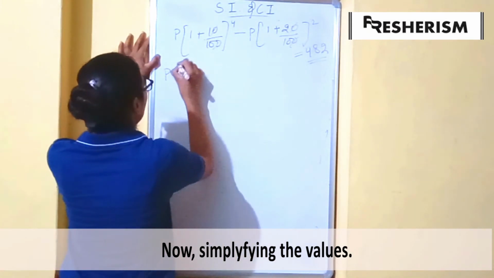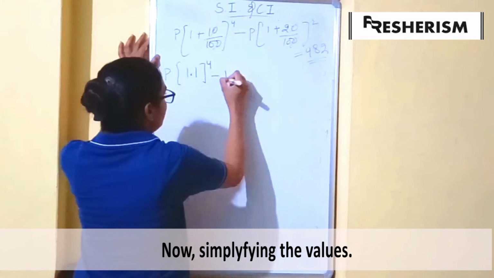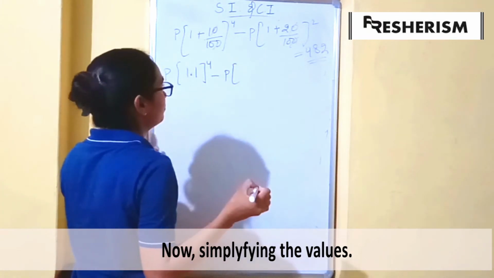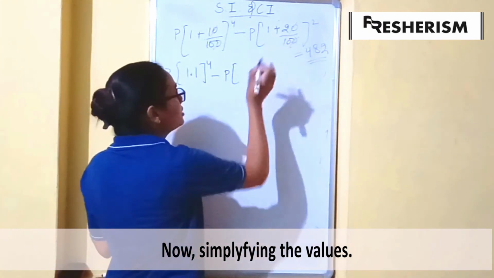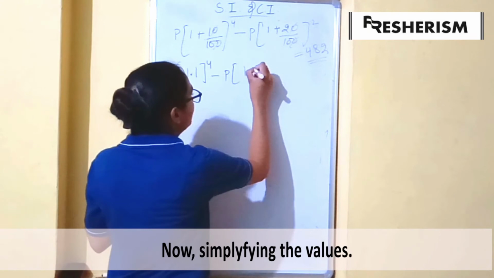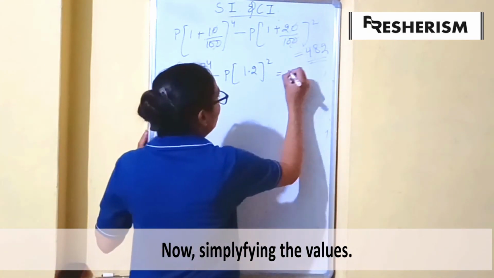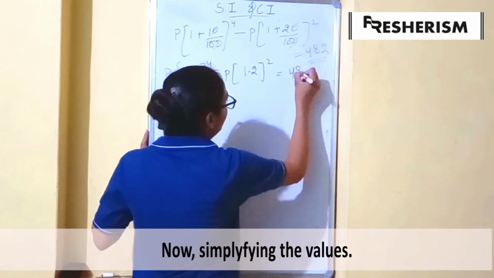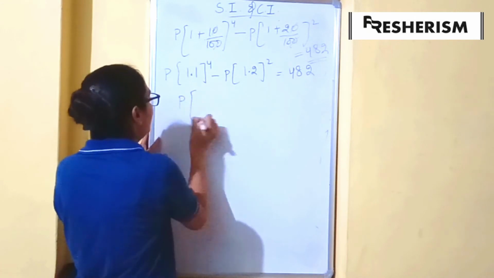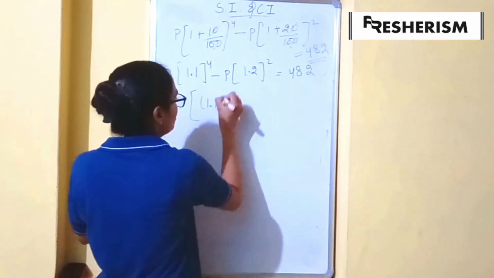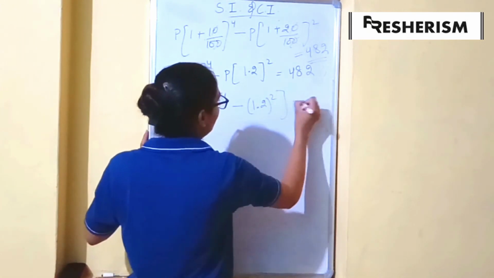So P times 1.1 raised to the power 4, minus P times 2 by 10, which is 0.2, plus 1, so 1.2 raised to the power 2, equals 482. We can take P common from here: P times 1.1 raised to the power 4 minus 1.2 raised to the power 2 equals 482.